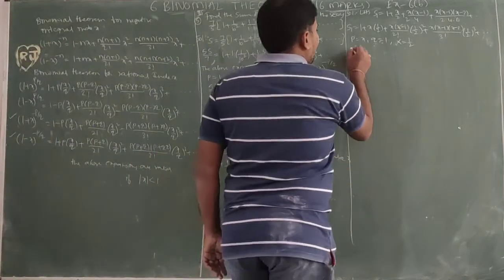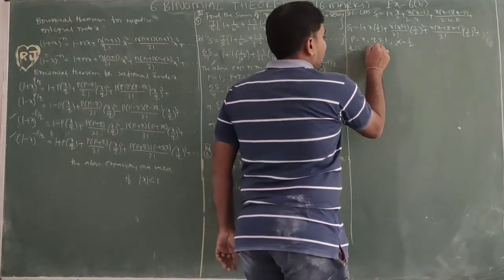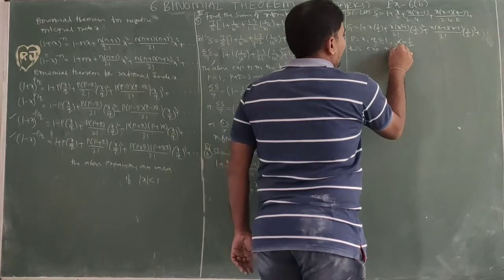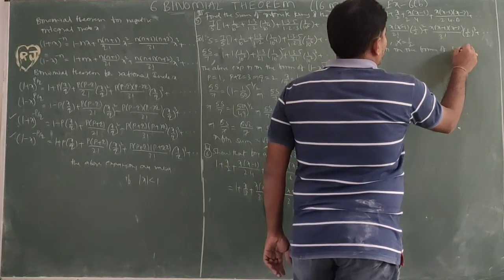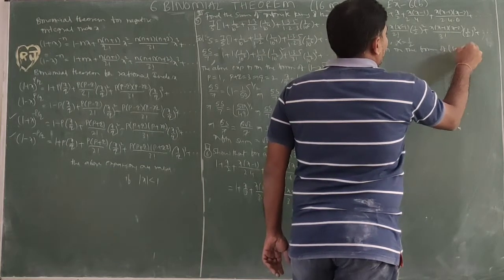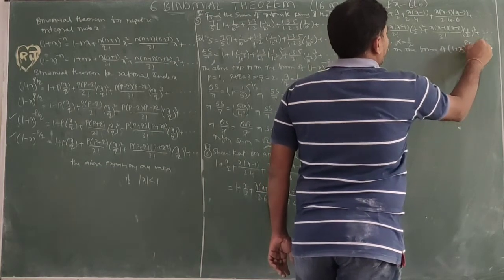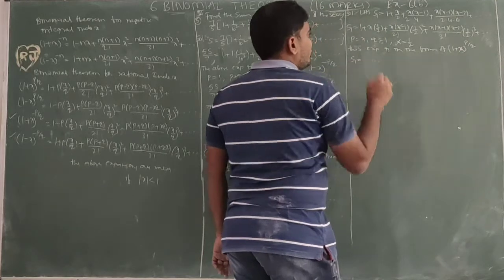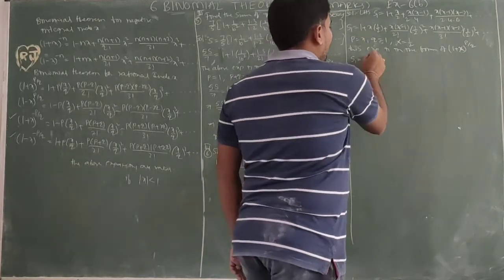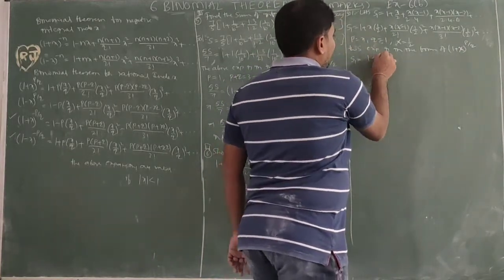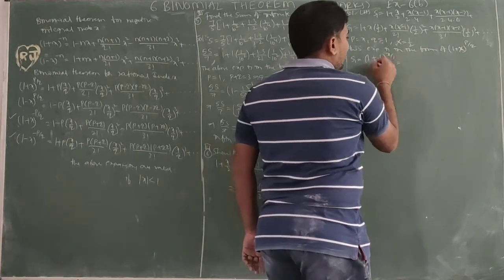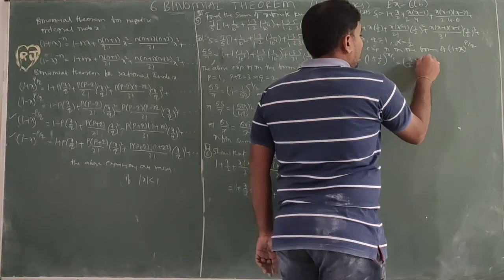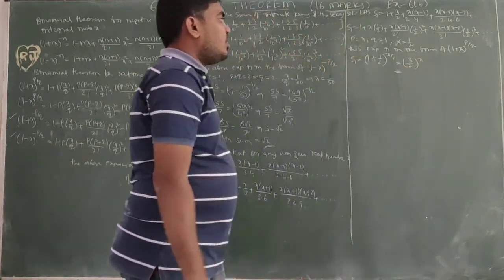So this expansion is in the form of (1 + X)^(p/q), taking capital X as p/q. So S1 = (1 + 1/2)^x = (3/2)^x.